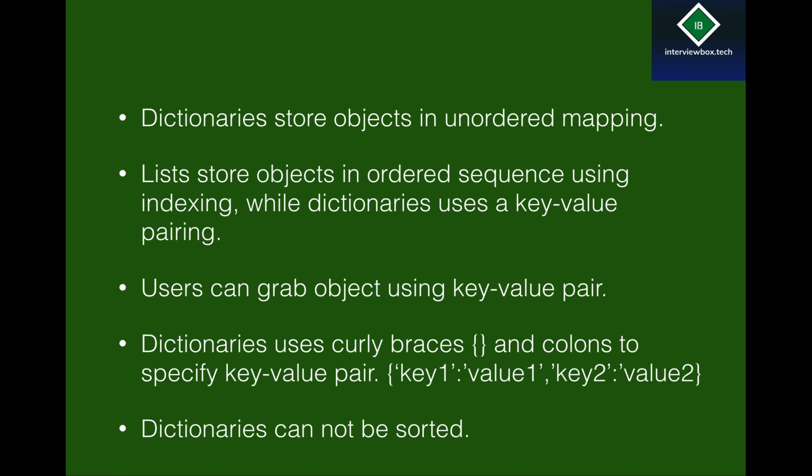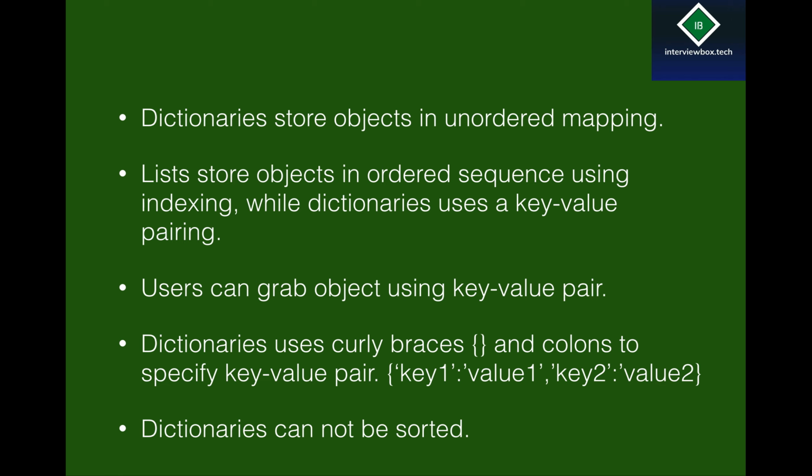While a dictionary uses a key-value pair to store the objects. Users can grab an object using a key from the dictionary. A dictionary uses curly braces and colons to specify the key-value pair. As you can see here in the example, I show key 1 colon value 1, so that is one item, the complete key-value pair in the dictionary.